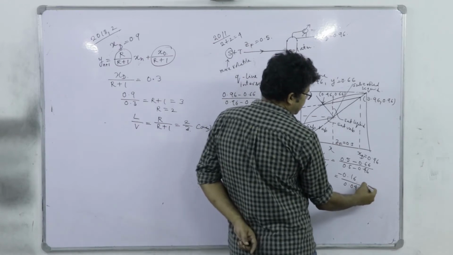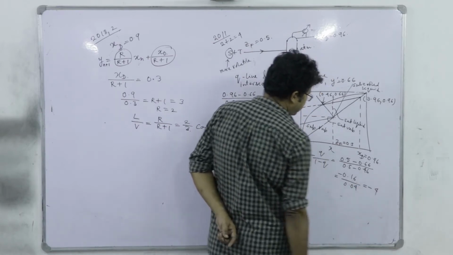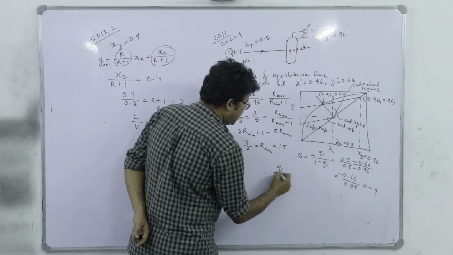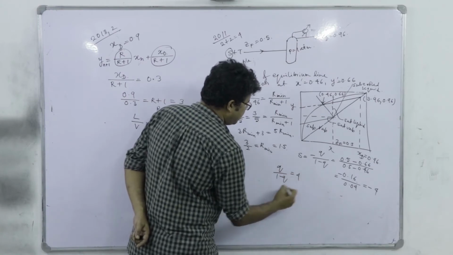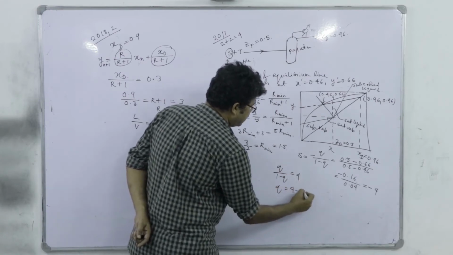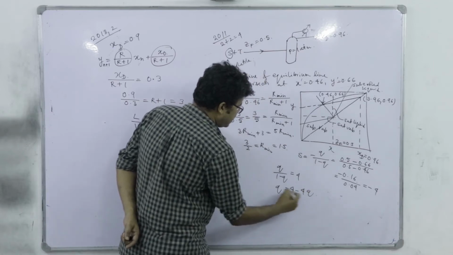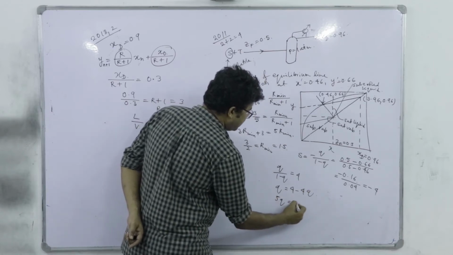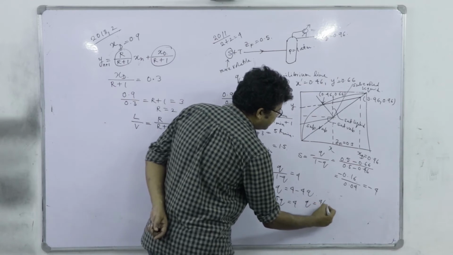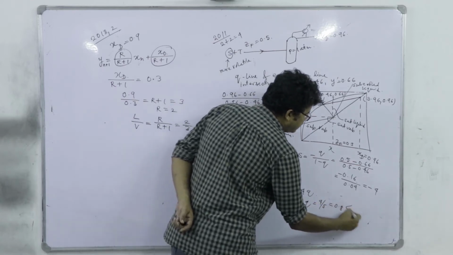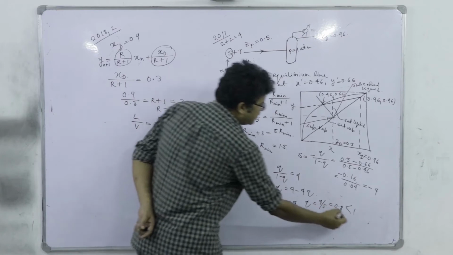So the slope is equal to minus 4. So Q by 1 minus Q is equal to 4, so Q is equal to 4 minus 4Q, so 5Q is equal to 4. Q is equal to 4 by 5, that is 0.8, which is less than 1 and greater than 0.